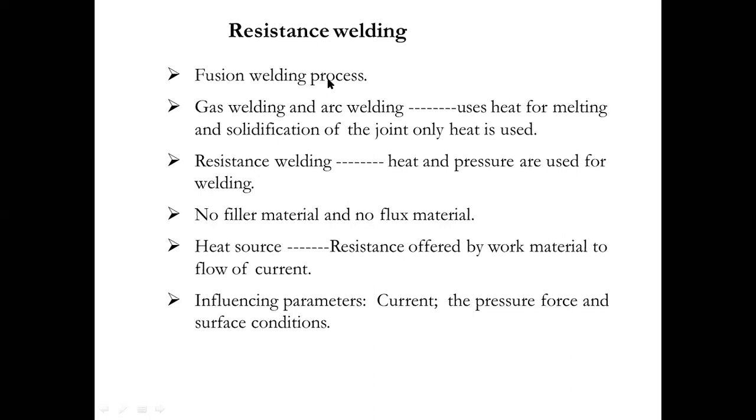You are giving rigidity to the melted area by applying pressure with your leg. So this is called hold time, right? Then the spot is created on the two sheet metals. After the spot is created, you release the lever, remove your leg, and remove the workpiece, right? This is the process in resistance welding.